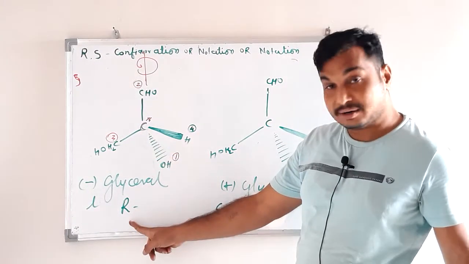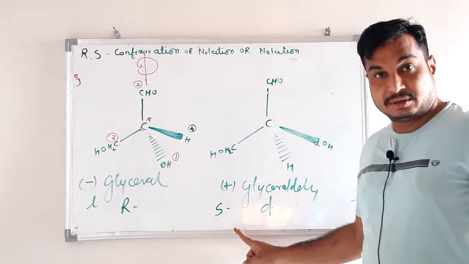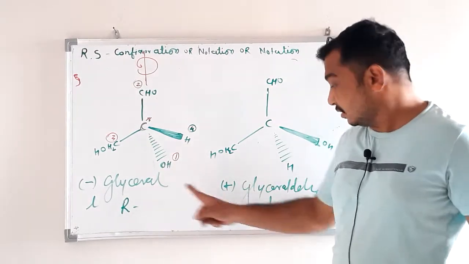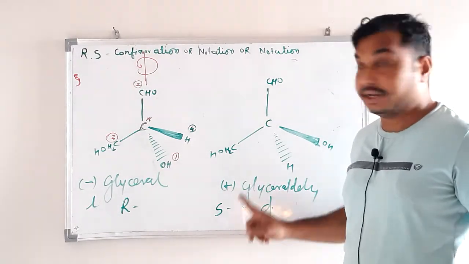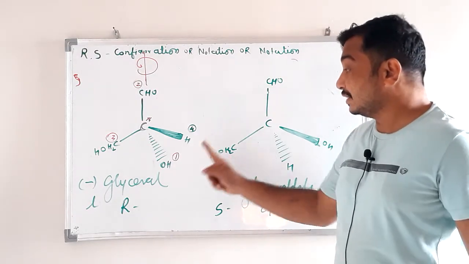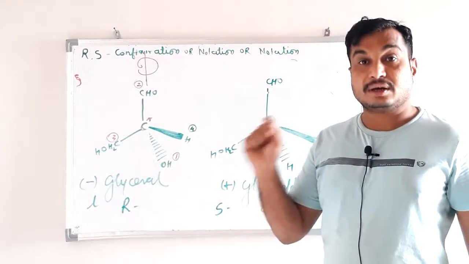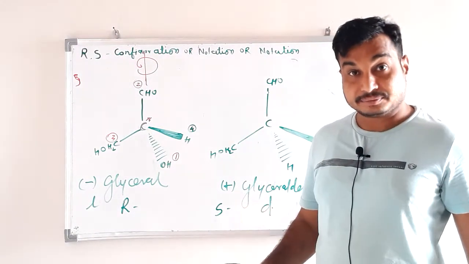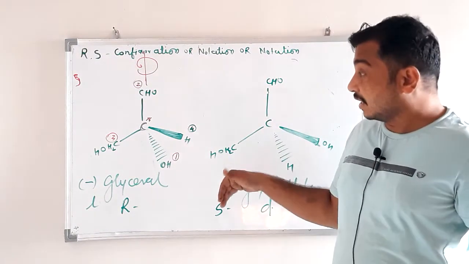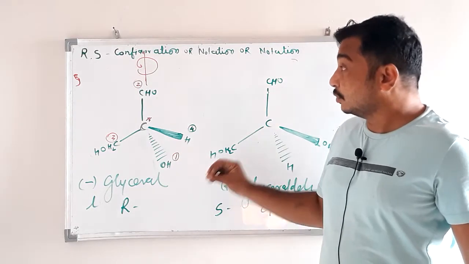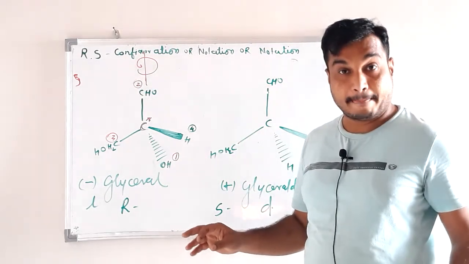See, R, S. One has R configuration, another has S configuration. It means these two isomers have opposite configuration, okay, clear? So these are the procedures to give RS notation, okay.